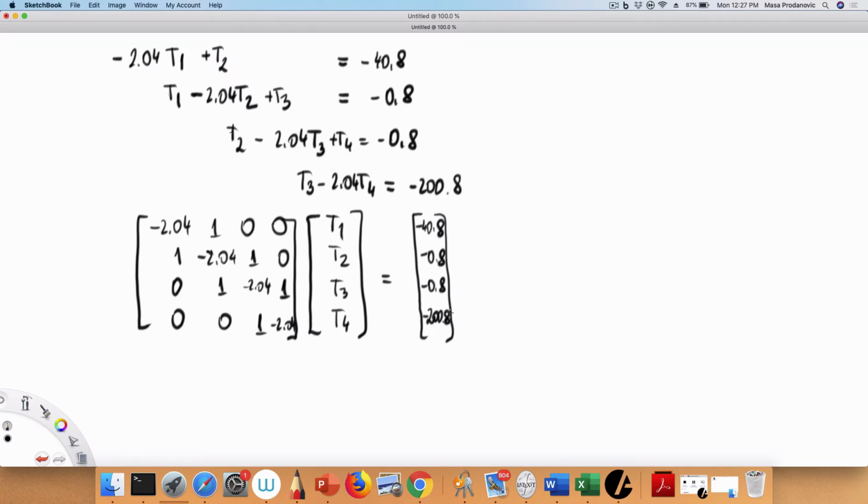This you need to know for the test, how to go between the system of equations and the matrix form. Why? Because most of the software out there asks for matrix A and right-hand side B. And this is your X, right? Your unknowns, how you really call them internally.